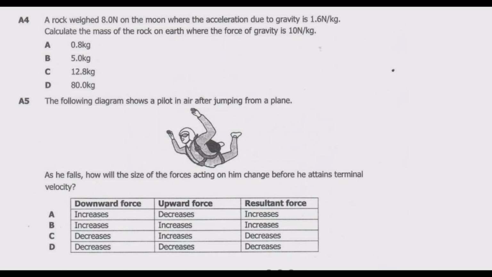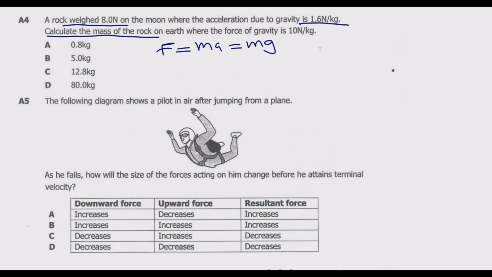So basically we are required to calculate the mass of the rock that weighs 8 Newton on the moon where the gravity is 1.6 Newton per kg. So we know that a force is given by a mass times acceleration, which is the same as mass times gravity.